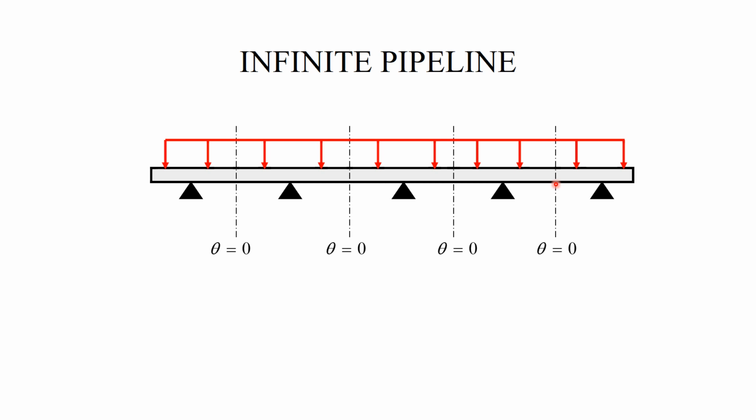So each span operates as a symmetric beam. Now I can push this idea a bit further and say, if I look at the lines going through the supports, they also could be viewed as symmetry lines, and therefore by the same token, the angle there also must be equal to 0 by symmetry.